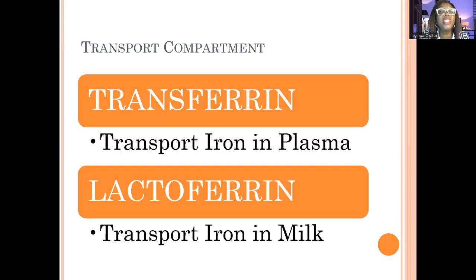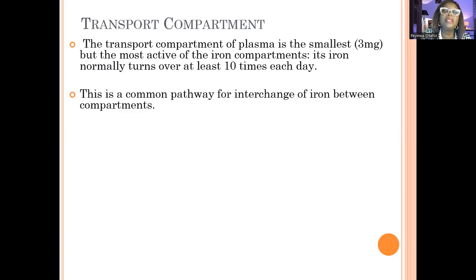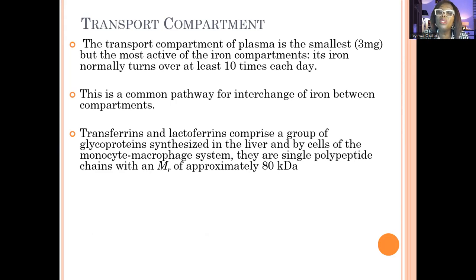So now we are discussing the transport compartment, that is, transport iron. The protein that helps in transporting iron in plasma is transferrin, while in milk you have lactoferrin. The transport compartment of plasma is the smallest. It has about 3 milligrams and takes up about 0.08% of total body iron.